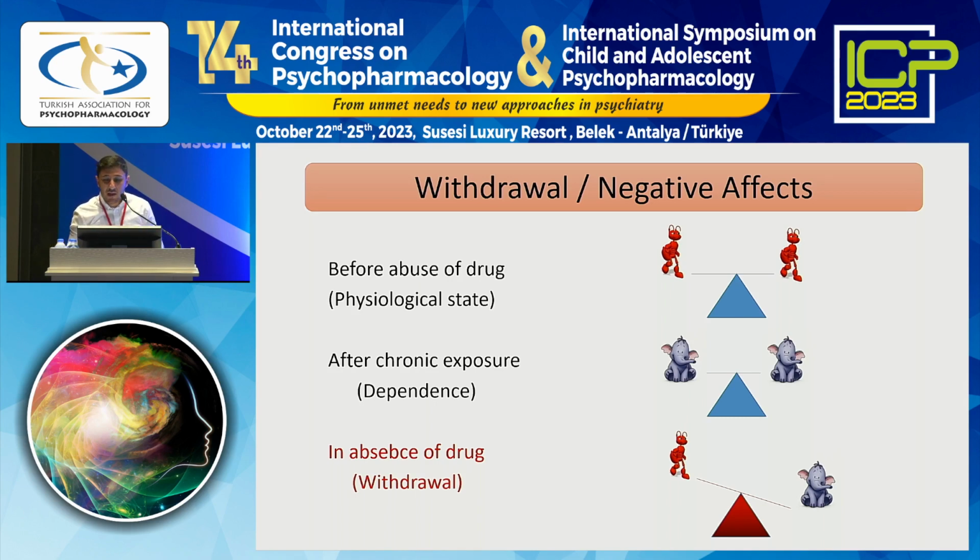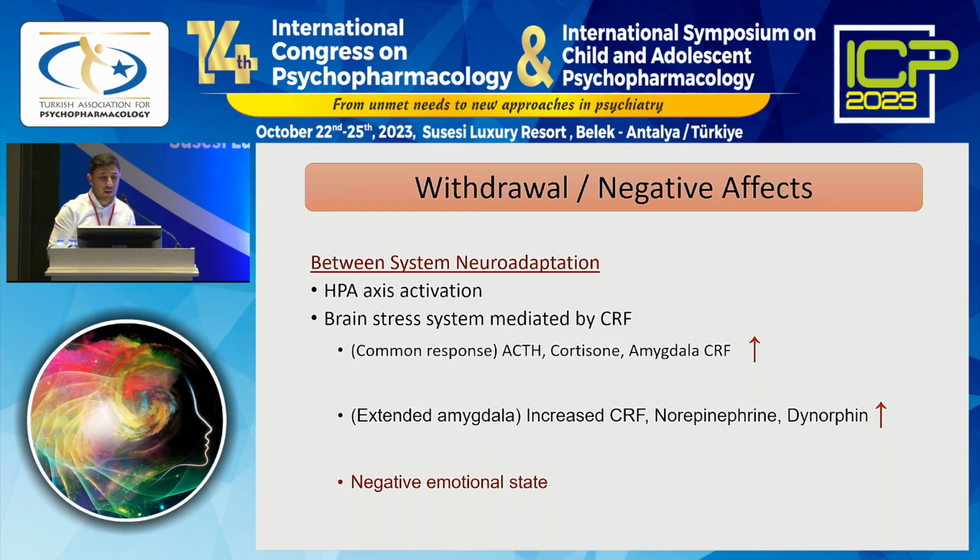In the presence of a drug, we wouldn't feel it, but whenever there is the absence of the drug, there is withdrawal, and this time the neuroadaptive changes rebound with the reverse effects of the drug, pushing the person into negative mood. Also, between-system neuroadaptation is important.